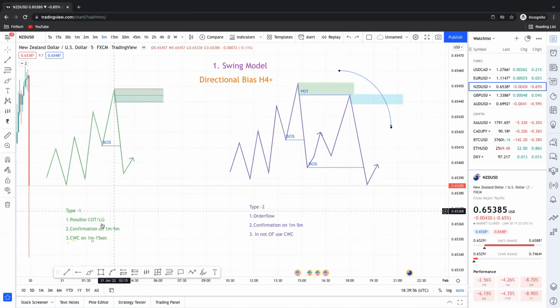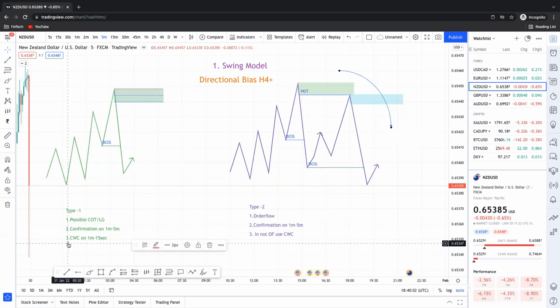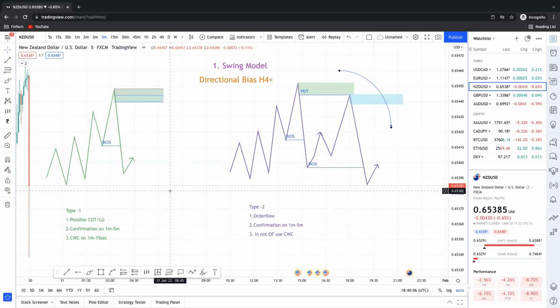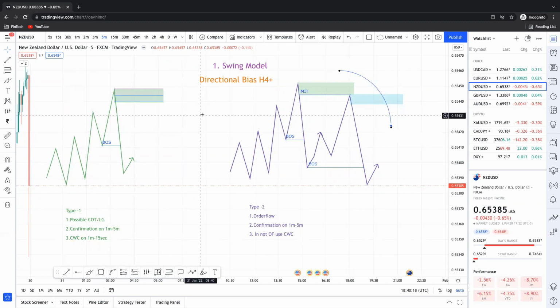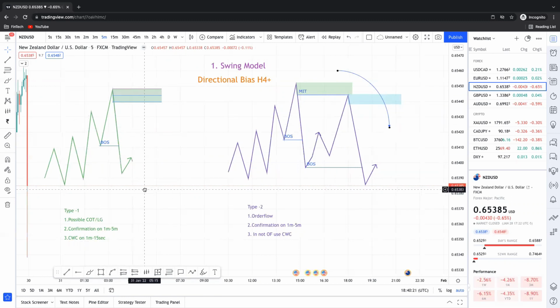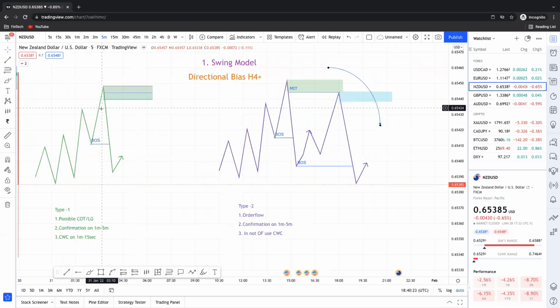So you're confirming here, being cautious, because we don't know if this is a liquidity grab or just a change of trend, right? So it's better to let it miss than hit stop loss and enter with FOMO, fear of missing out. Okay, that's not going to work. So this is type 1 that I look for in the market.